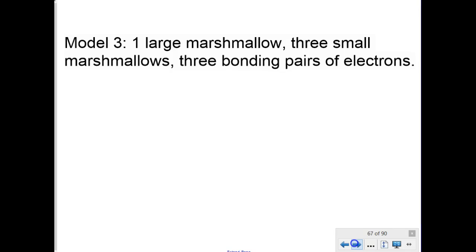That's the first word. The second name comes from looking at it straight on. All the atoms are on the same plane, three-dimensionally. Trigonal planar.